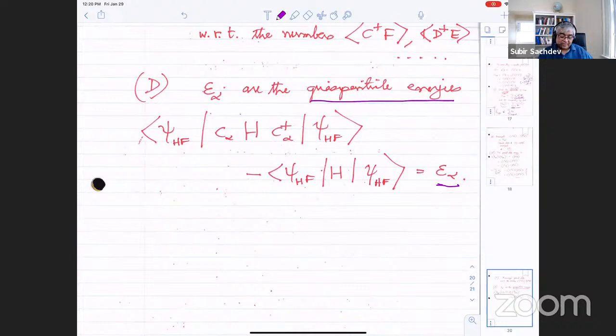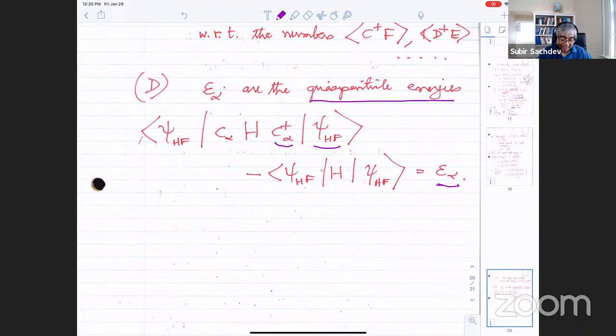And what is that? Here's one way to define it. You take the Hartree-Fock Hamiltonian, that gives you a Hartree-Fock ground state, and then you add another particle to it. This particle obviously will have to be in a state that's not already occupied, so you add an extra particle above the Fermi sea.